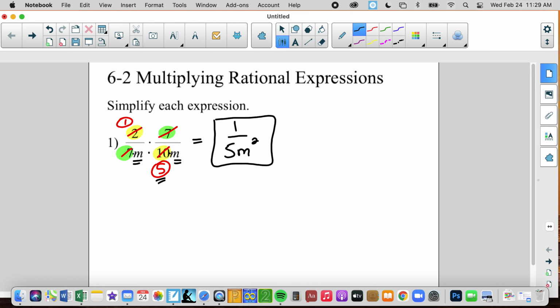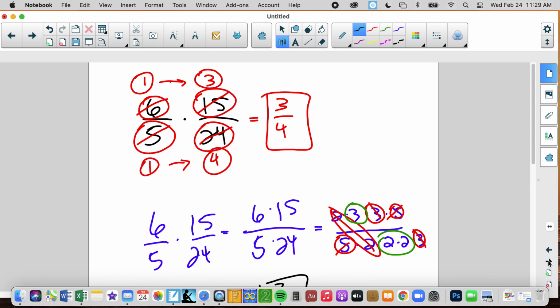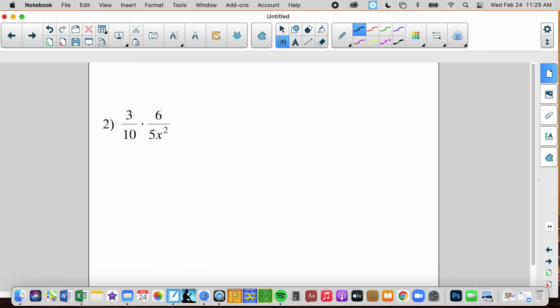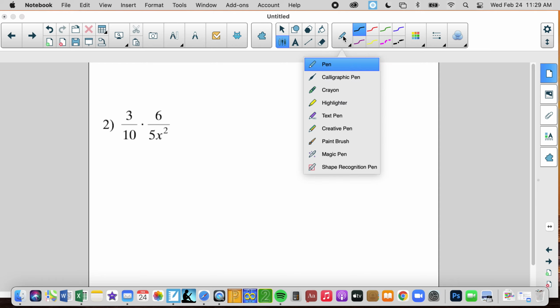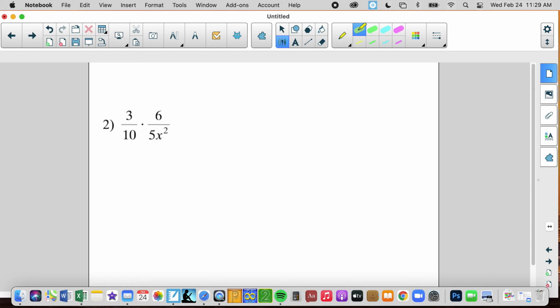You would not multiply these two and then reduce it. You're always going to cross-cancel first. Let's do number 2. Again, we want to find a numerator and a denominator that has a common factor. So I see 3. 3 doesn't have a common factor in any of the denominators. I see a 6.